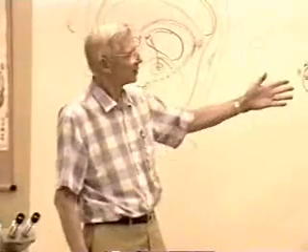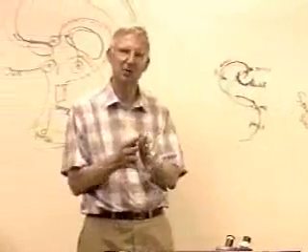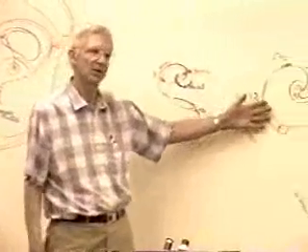Anyway, the normal anatomy came in later, and people tried to superimpose the two and say that it was a CA1 lesion.